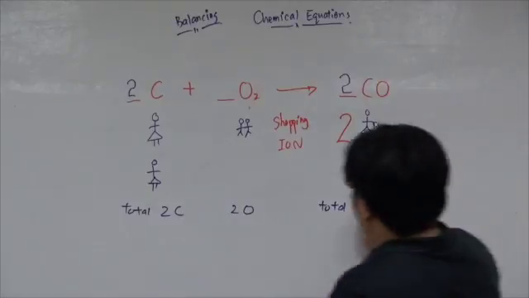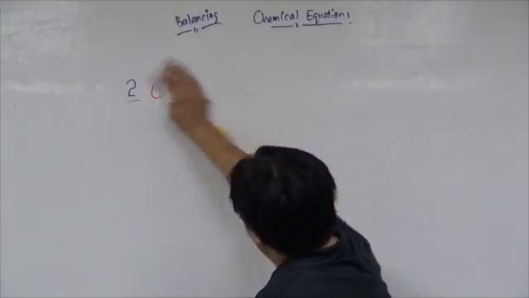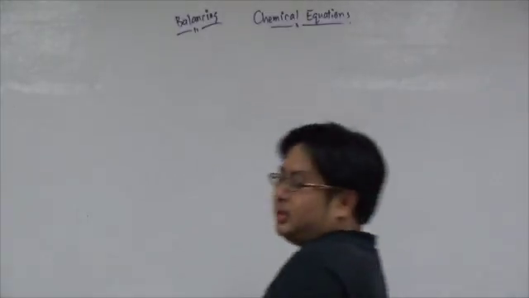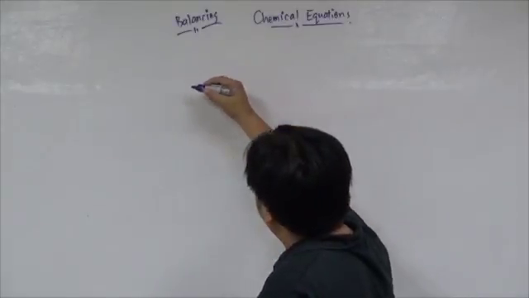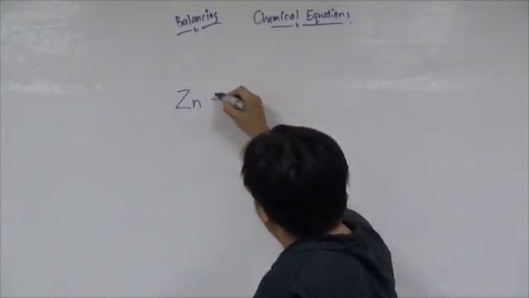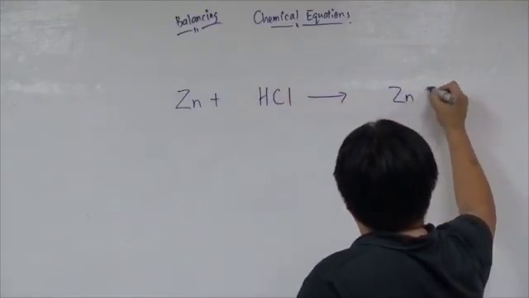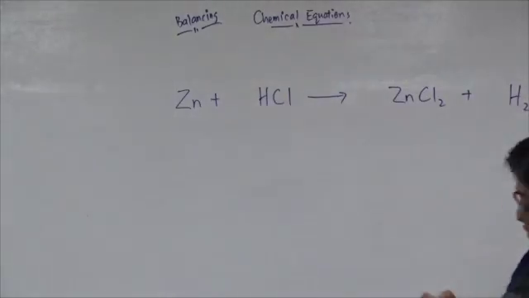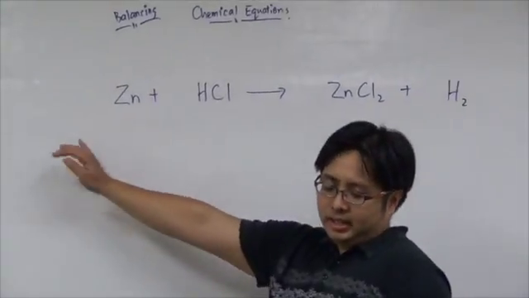Okay. If you have no questions, I'm going to change and let Jisha try this. Okay, Jisha, let's take a look at this. Can you tell me before the reaction how many zinc are there?